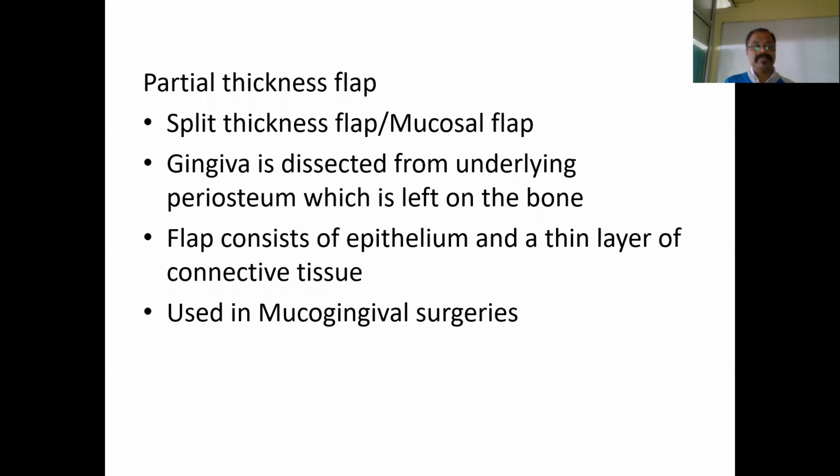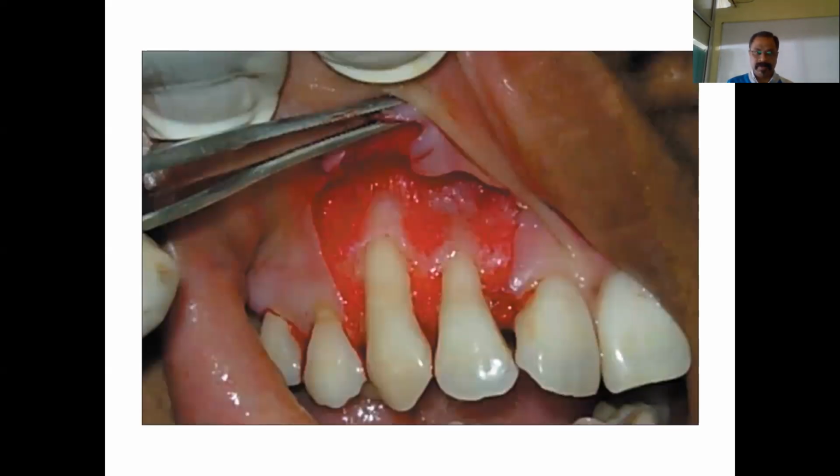Okay, so this flap basically consists of only the epithelium and a small thin layer of connective tissue, and the periosteum is still intact on the bone surface. The indications for this partial thickness flap are mucogingival surgical procedures. I'll show you this clinical picture.